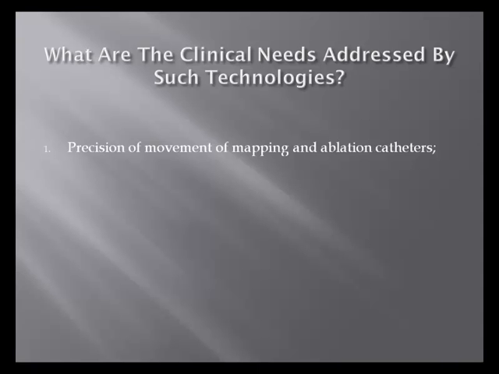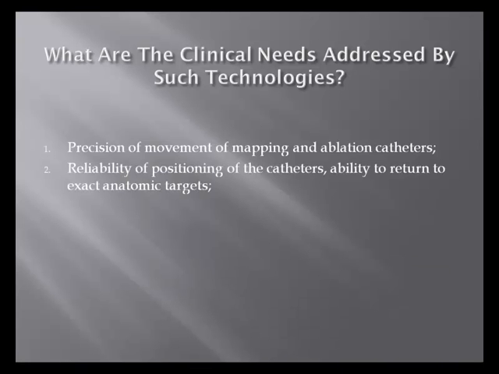So what robotics of the kind that Magnetecs builds allows for is great precision of movement of mapping and ablation catheters. It allows reliability of positioning of the catheters and the ability to return to exact anatomic targets. Right now what I do in my day-to-day practice at Cedars-Sinai is manually move a catheter, and it takes a lot of experience and a lot of training.